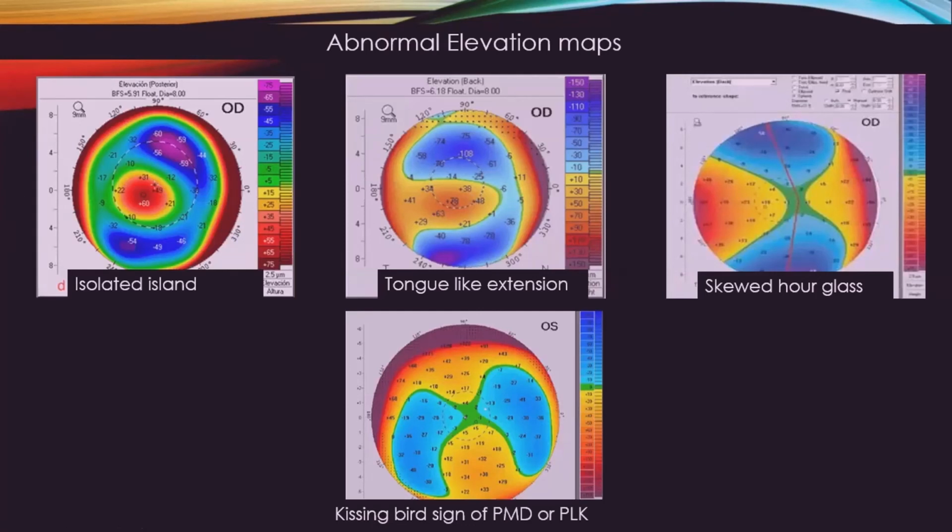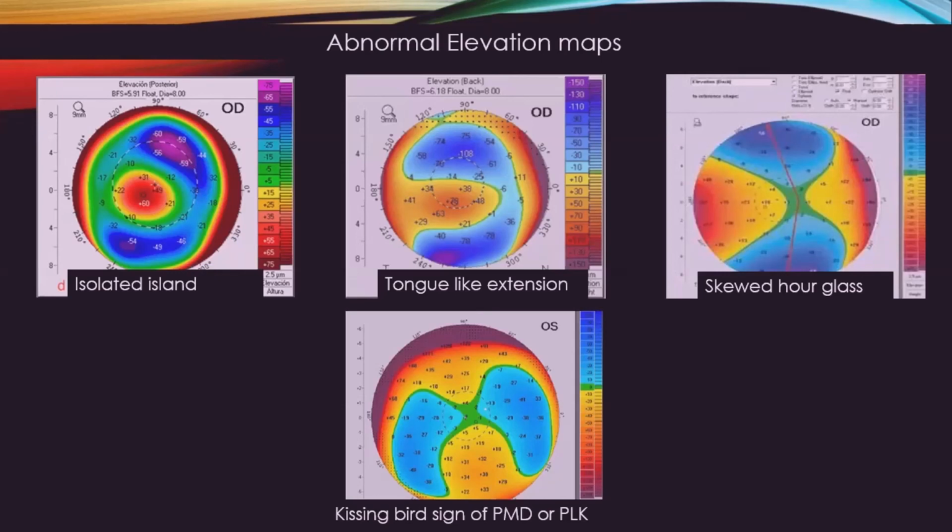As I said before, you have a group of criteria of keratoconus, like abnormal topography, with the thinning, with poor vision, with a posterior elevation, and maybe anterior elevation. For example, if you can see the tongue-like extension or the skewed hourglass, you can suspect a misalignment, or you can suspect tear film abnormalities or dry eye.